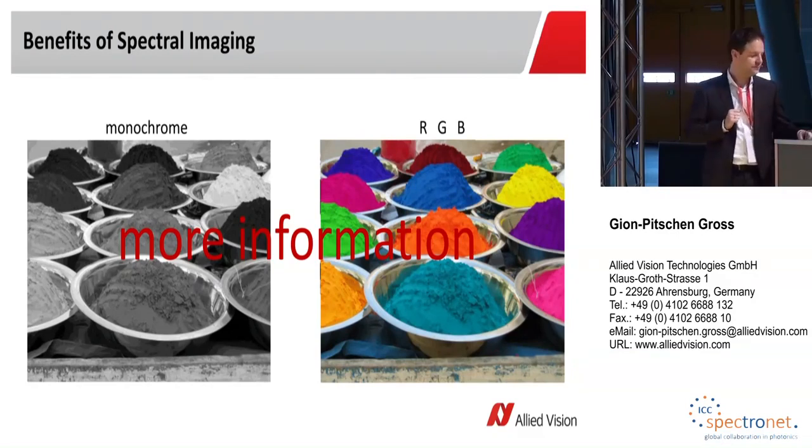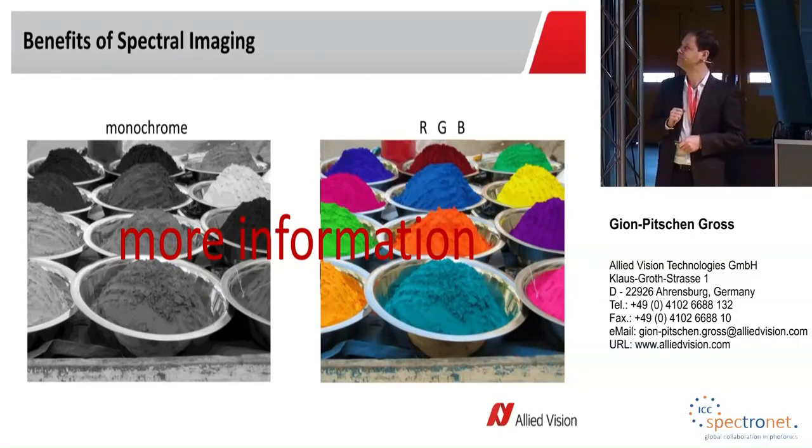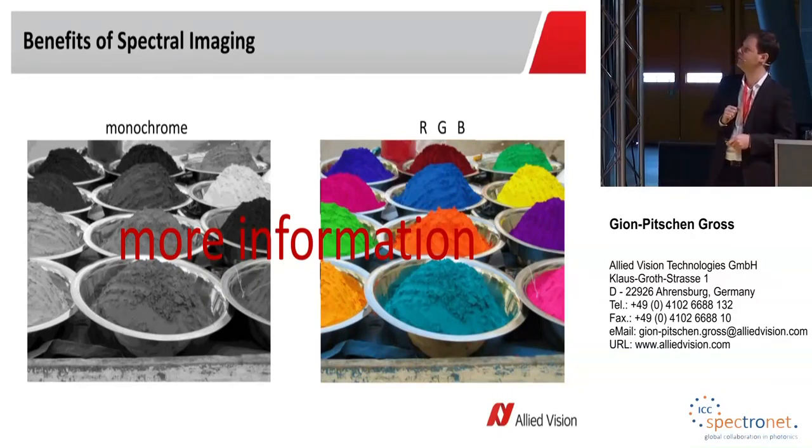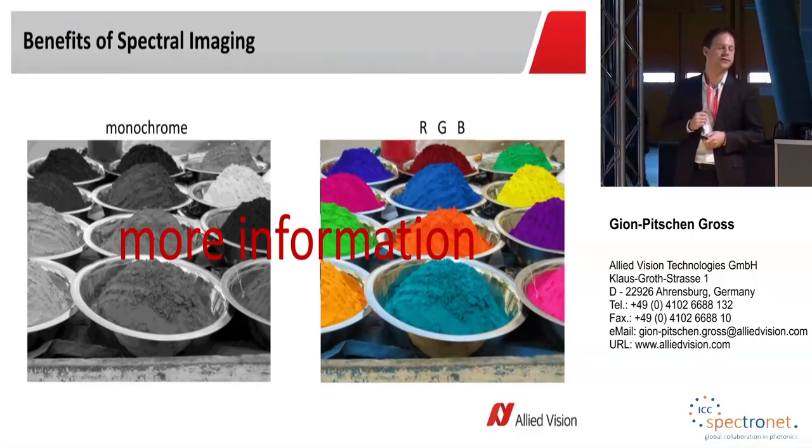If I now also add a green filter, I see, okay, so I have a lot of green here, a lot of green here. In the end, the blue filter, I have a lot of blue in the big pot and back here. And if I bring all of this together, I see many different colors.